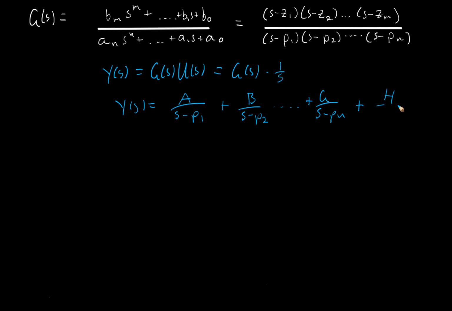So let's say we've got H over s. And then if we do the inverse Laplace transform to compute the time response, if all of these poles are real, we get A times e to the p1 t plus B times e to the p2 t, and so on.